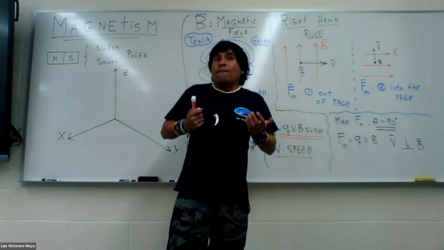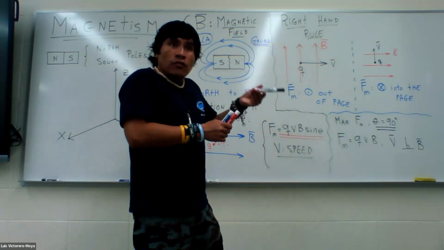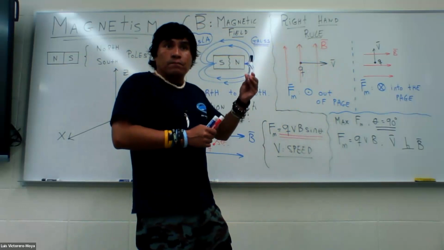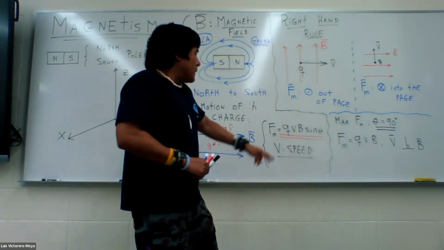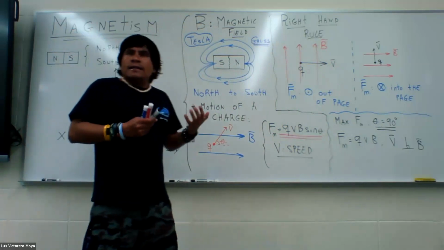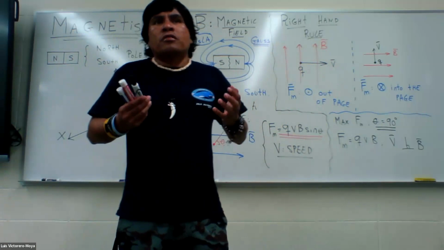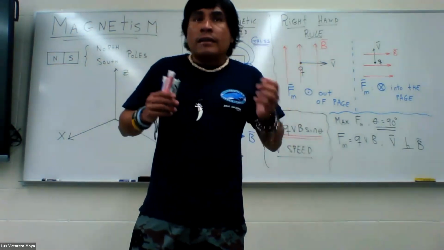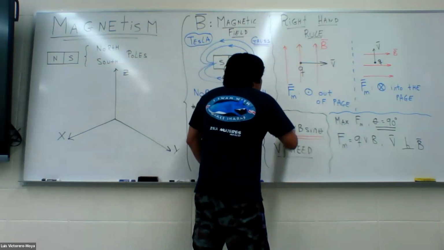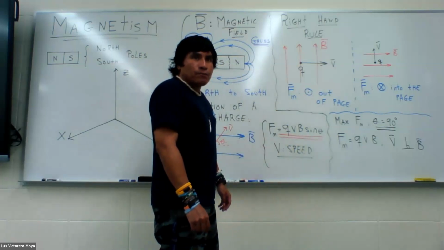When we did electric fields, a positive charge would move in the direction of the electric field. Now with magnetic fields, because of these definitions, it doesn't. The magnetic force is perpendicular to both the velocity and the magnetic field. So how do we find this direction?